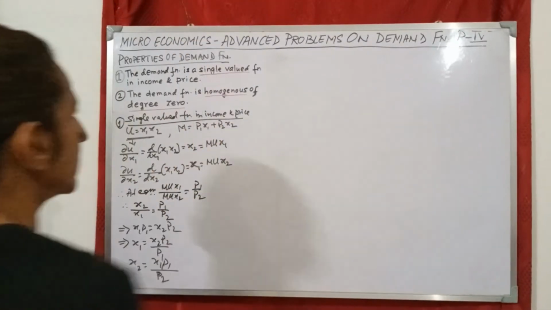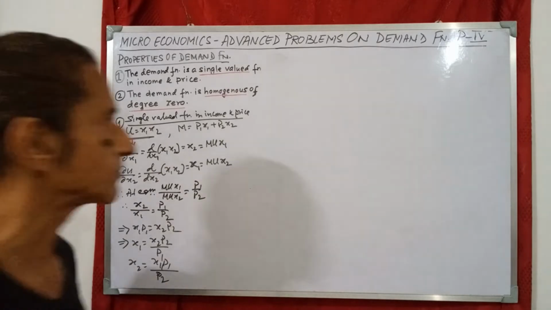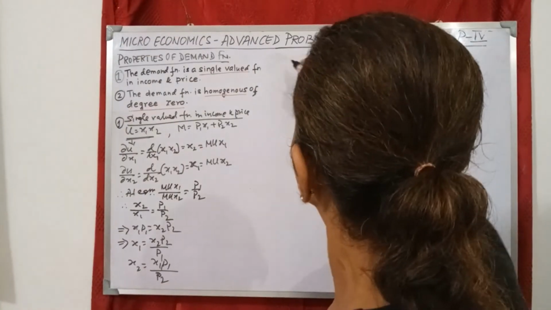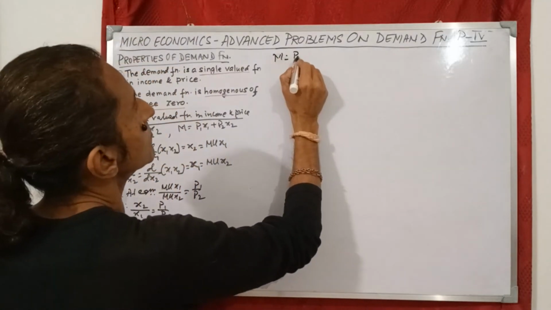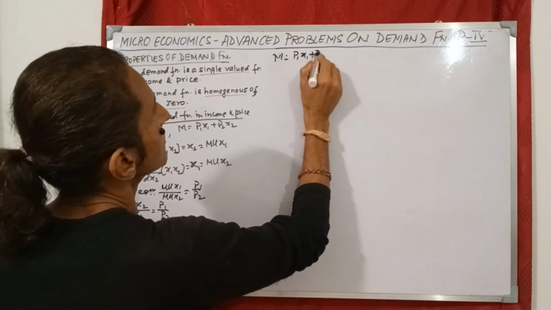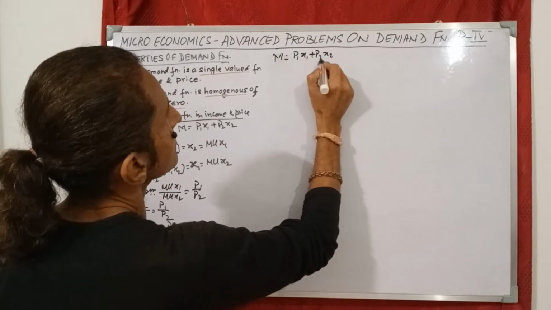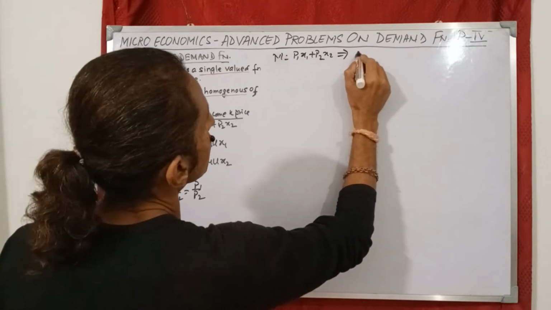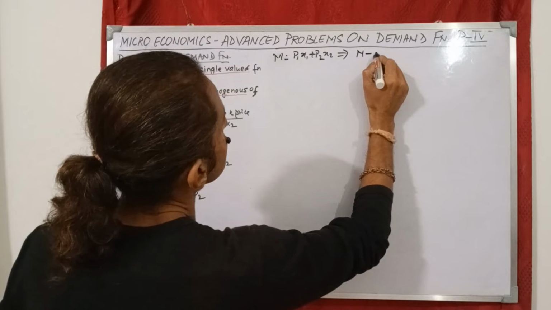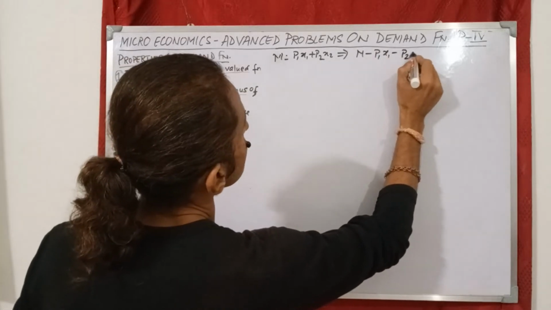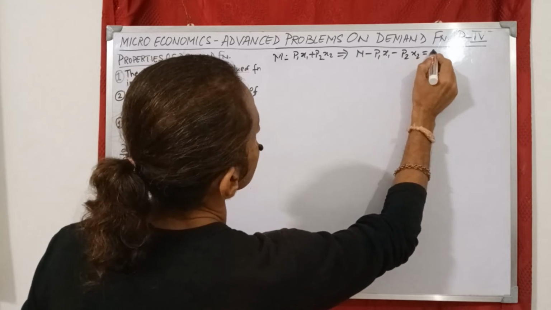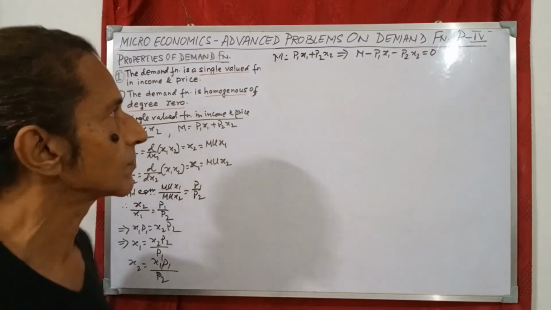M equals p1 x1 plus p2 x2. This means M minus p1 x1 minus p2 x2 equals 0.